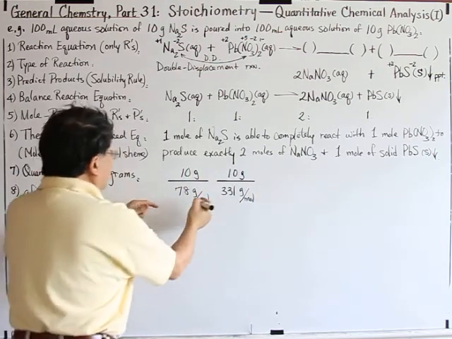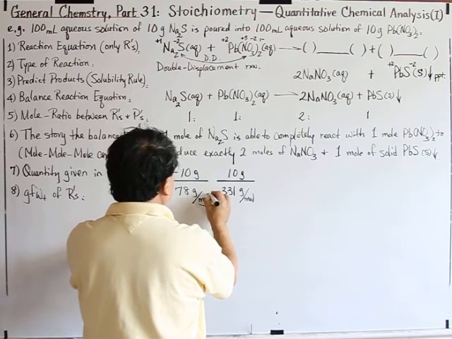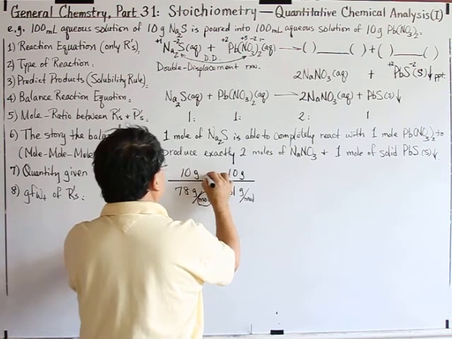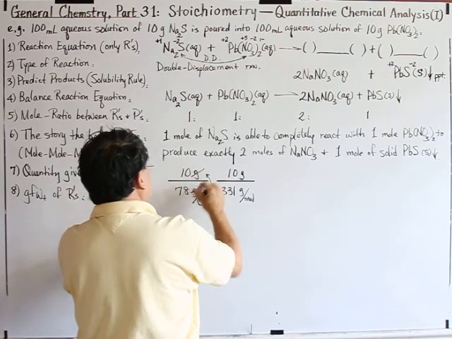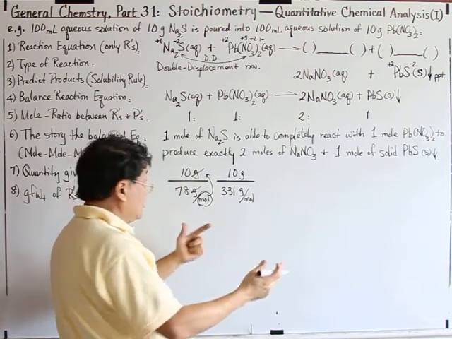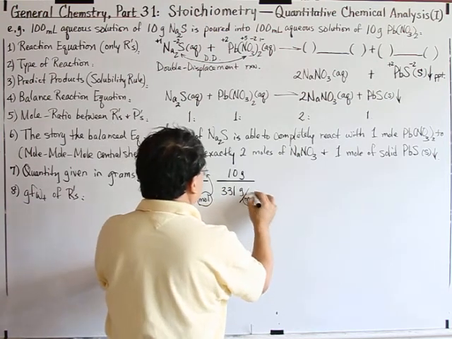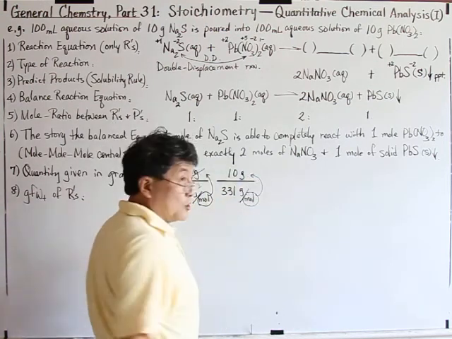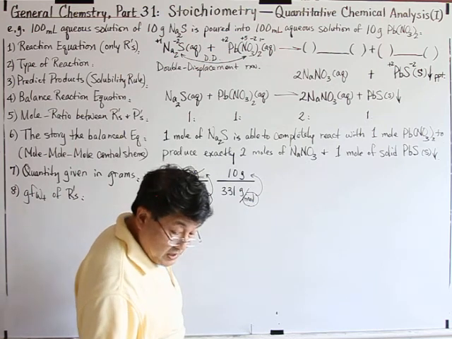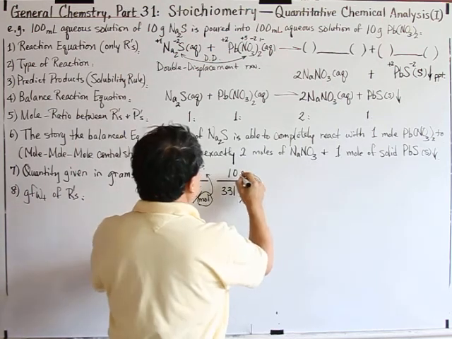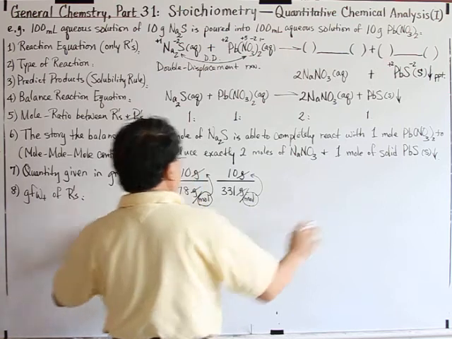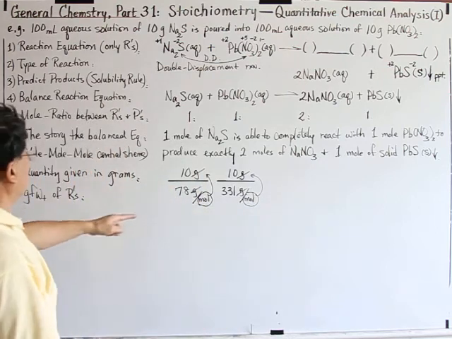When we divide, the mole goes on top, the gram cancels gram, and you get moles instead. It's called reciprocating. So what is the formula of this?